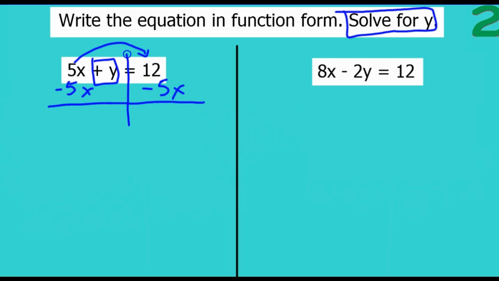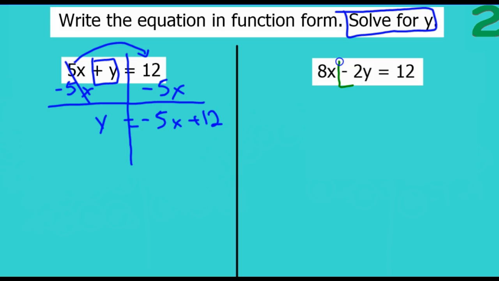What I do on one side, I have to do to the other. So we get y equals, now it's going to start to be important to write the x first. So we have -5x plus 12. So our equation is y equals -5x plus 12.